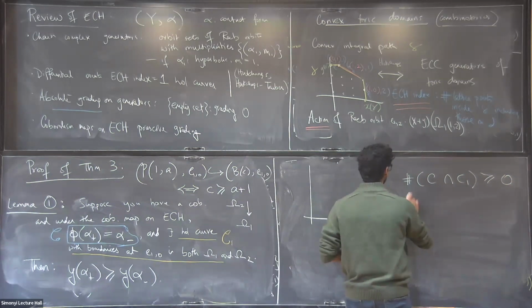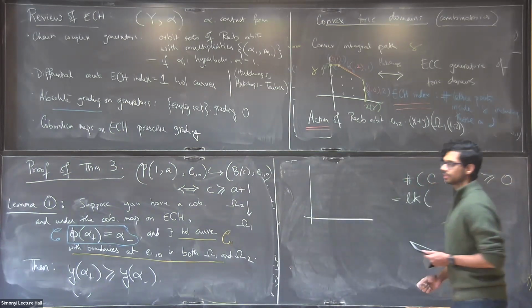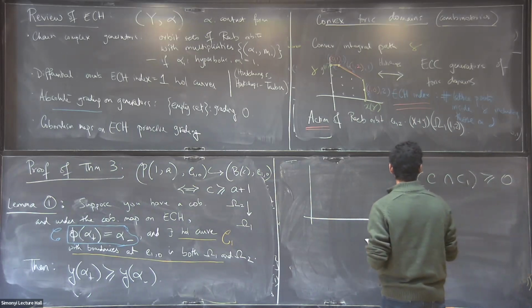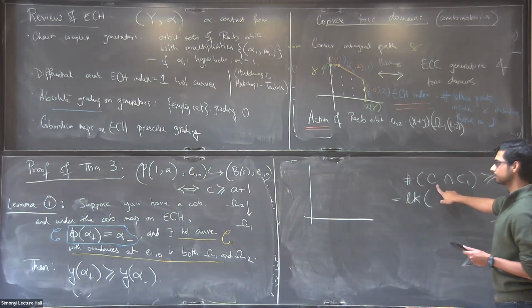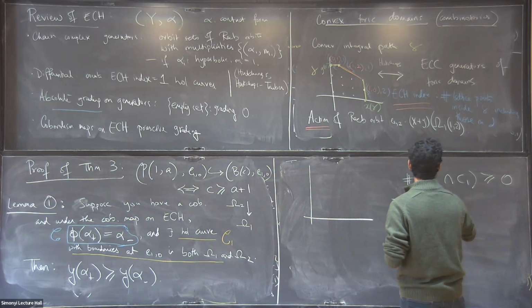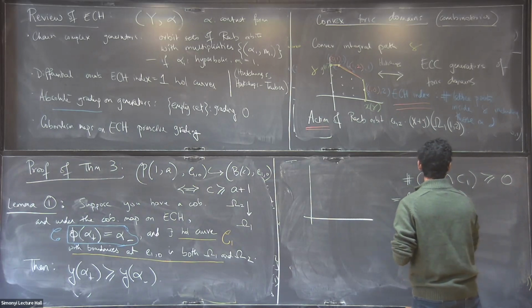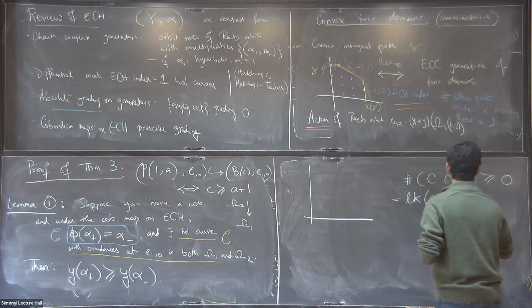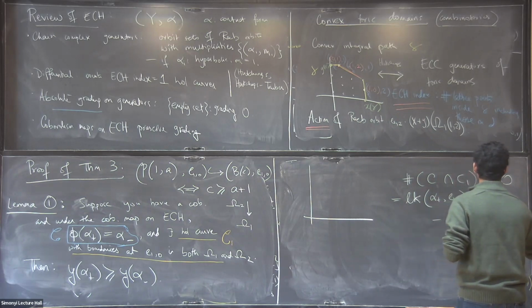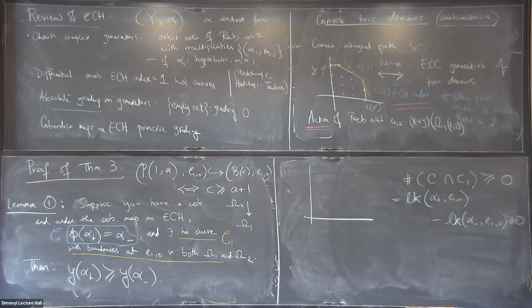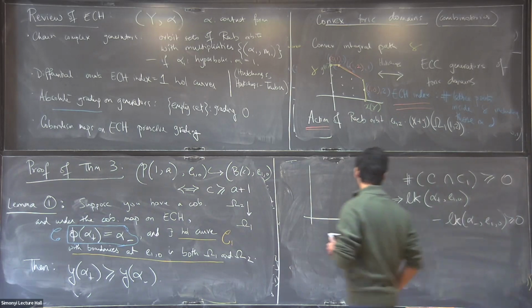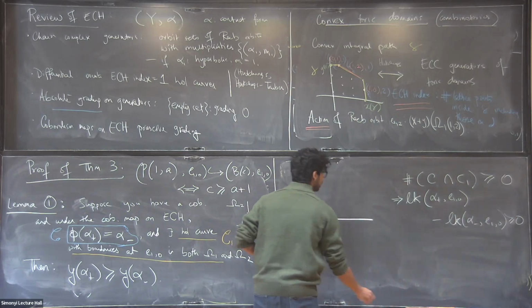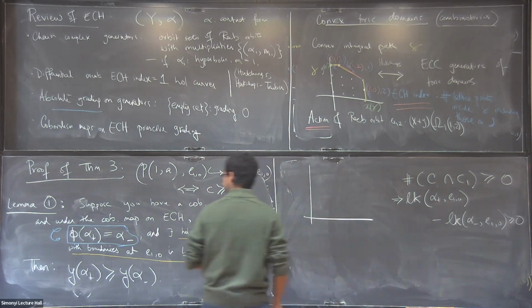This linking can be thought of as the linking between their boundaries. So linking of alpha plus with E10 minus linking of alpha minus with E10 has to be positive. And now, how does this help?